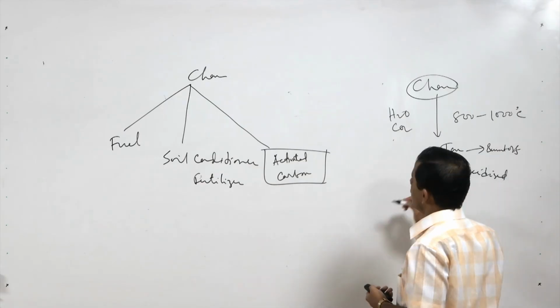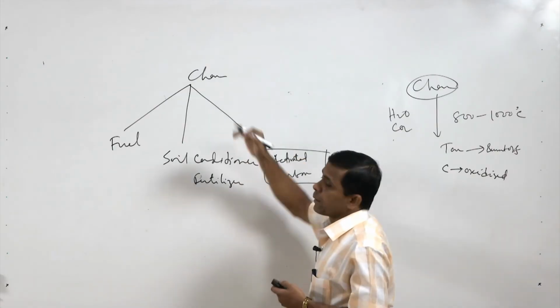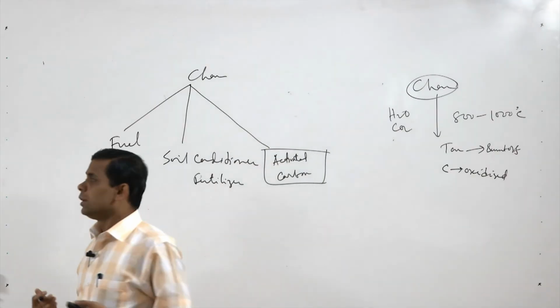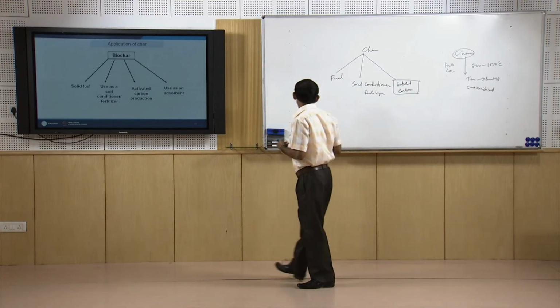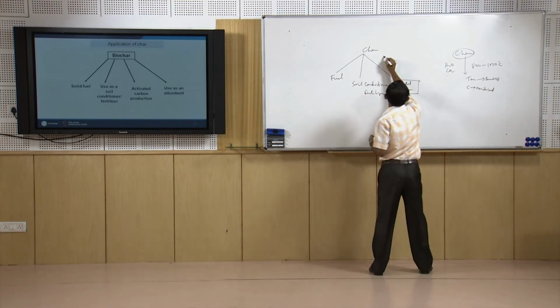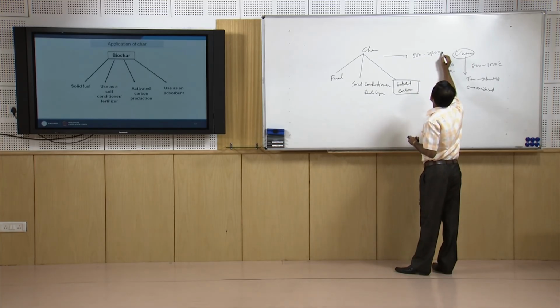As a result, the skeleton of this char gets more porosity. So, by this physical method we can increase the porosity of this char, and a surface area of say 500 to 2500 meter square per gram can be achieved.